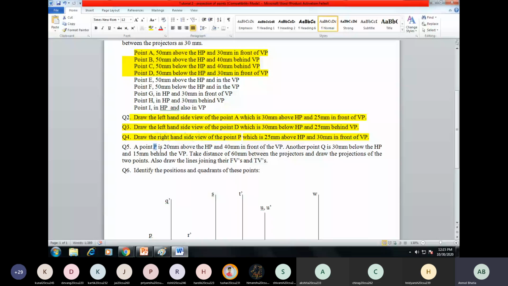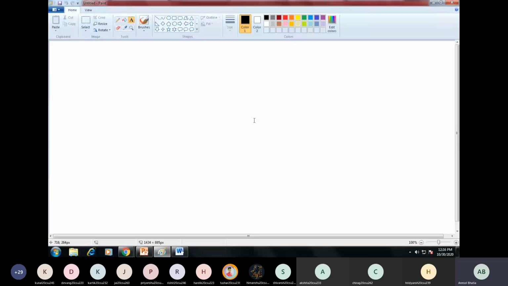Okay. So we'll have a common XY line and we'll draw the two projectors. It is also written: take the distance of 60 mm between the projectors and draw the projections of the 2 points. Okay, so we'll start this. Let me draw two lines, and between two lines I'll be writing SOL5.